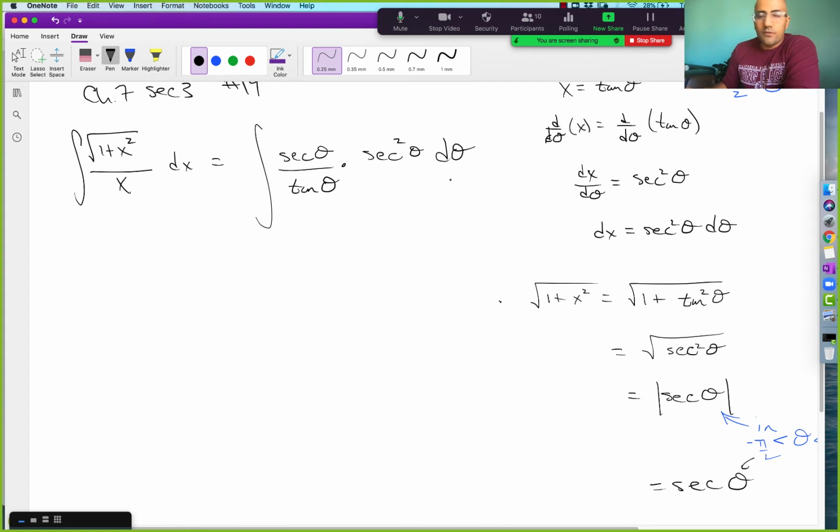Questions? Okay, so now let's bring this together: this is the integral of secant cubed theta over tangent of theta d theta.